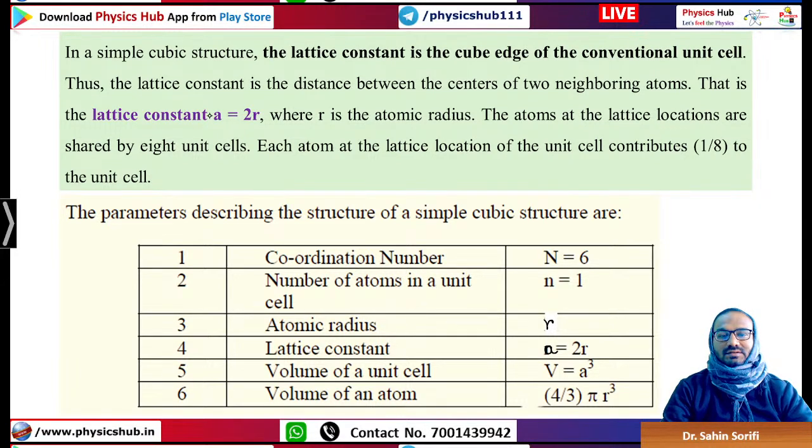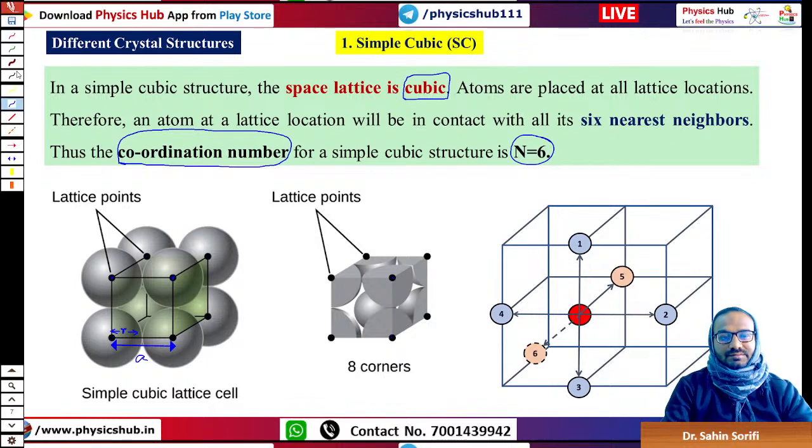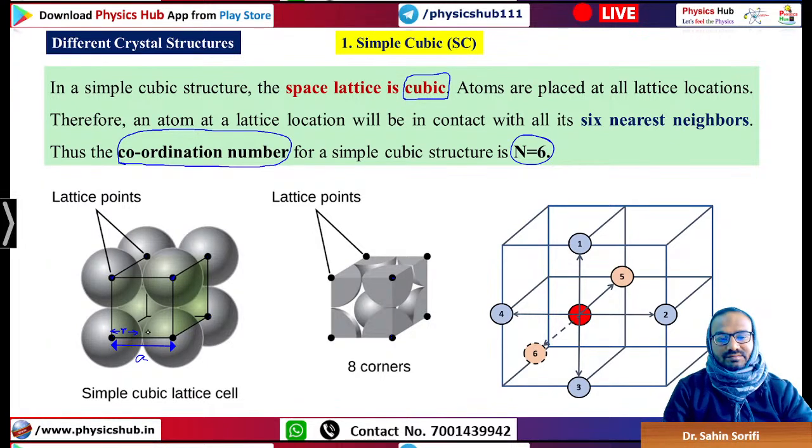Thus the lattice constant is the distance between the centers of 2 neighboring atoms. If you consider this picture, this atom will have radius r, and this atom will have radius r.